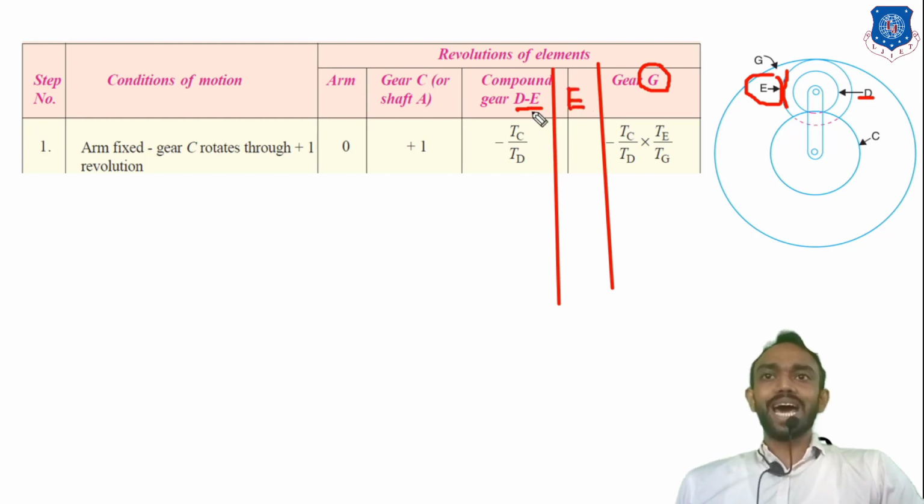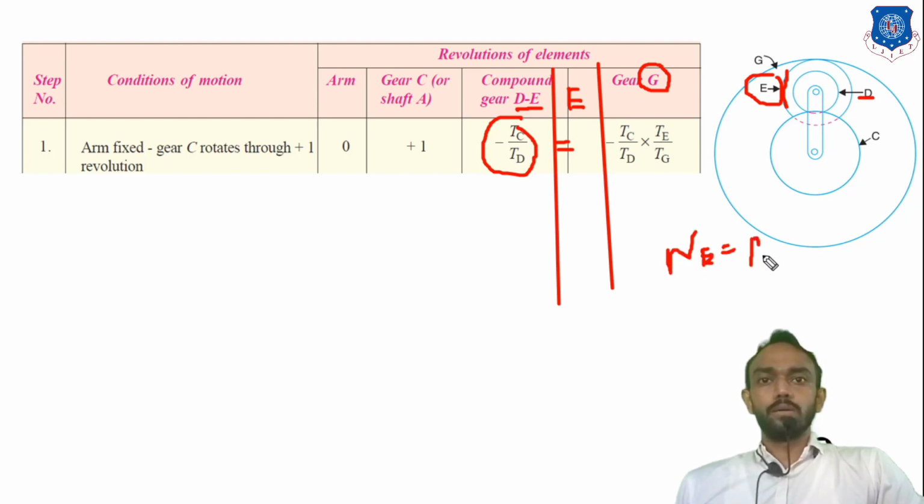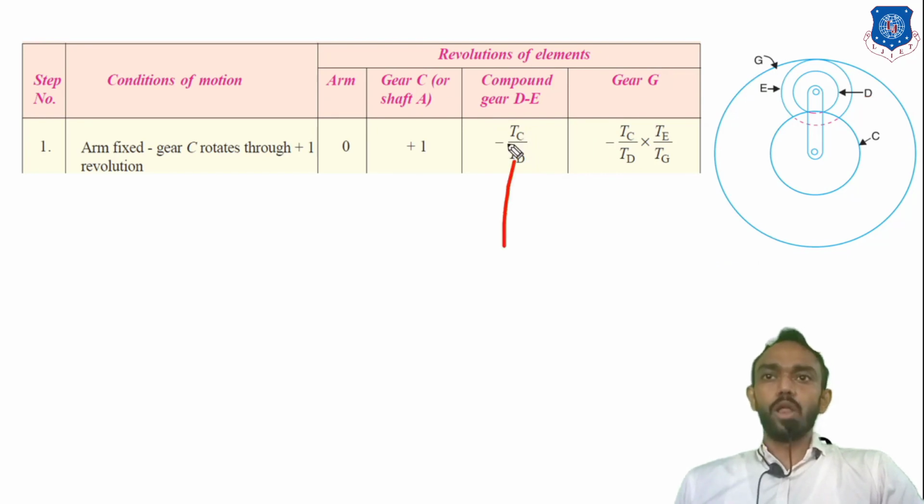But you know that the RPM of D will be the same as E because both are on the same shaft. We have written during the compound that DE is equal to, RPM of D is equal to RPM of E. So we don't need to make another column for the compound. Wherever the compound gear is there, for both gears there will be a single column.